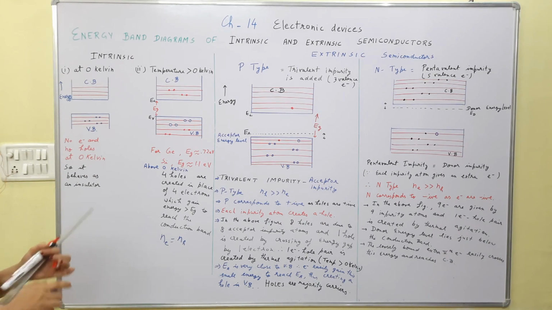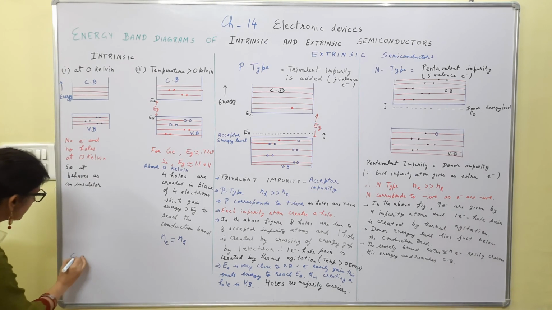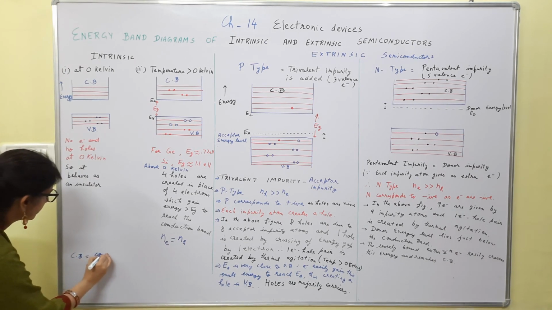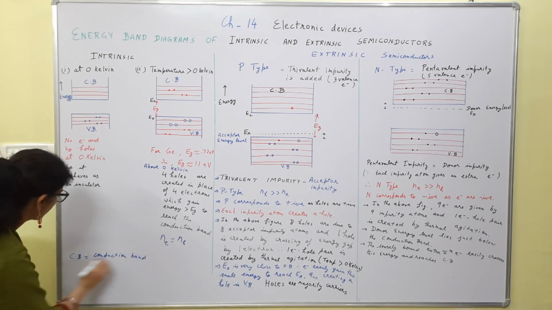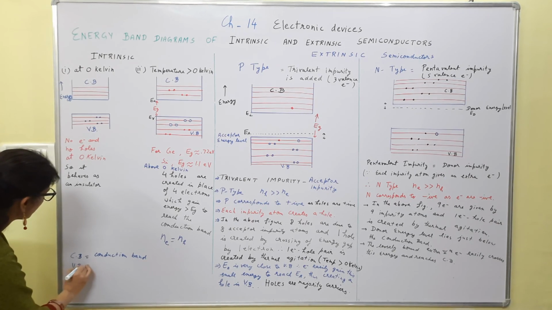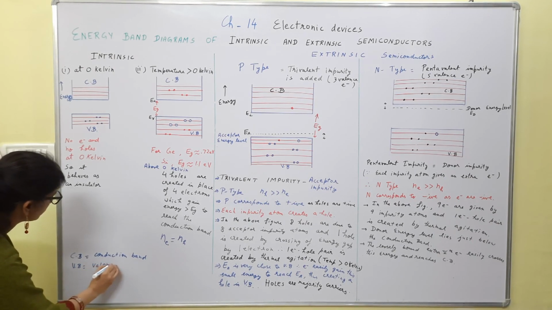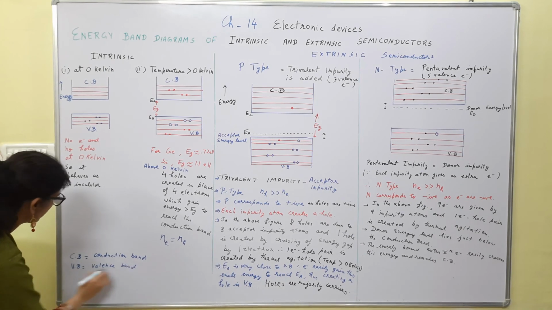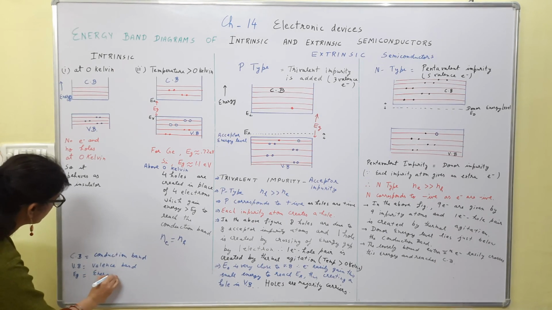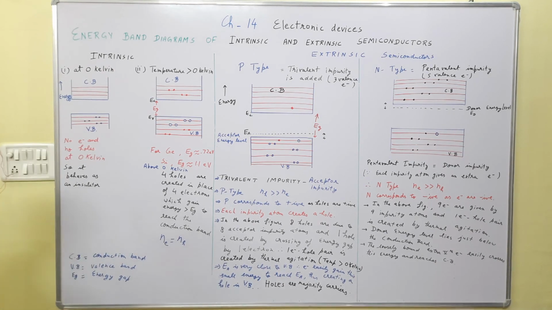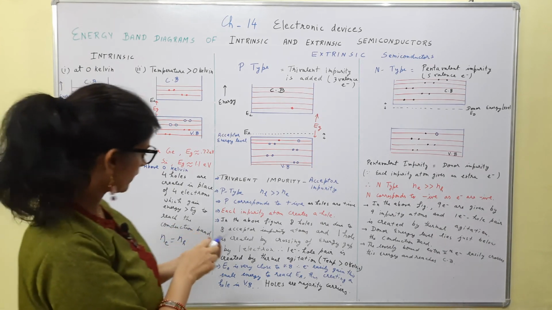If you want me to write that again, here CB is conduction band, VB is valence band, EG is energy gap. So this was all about this energy band diagram.